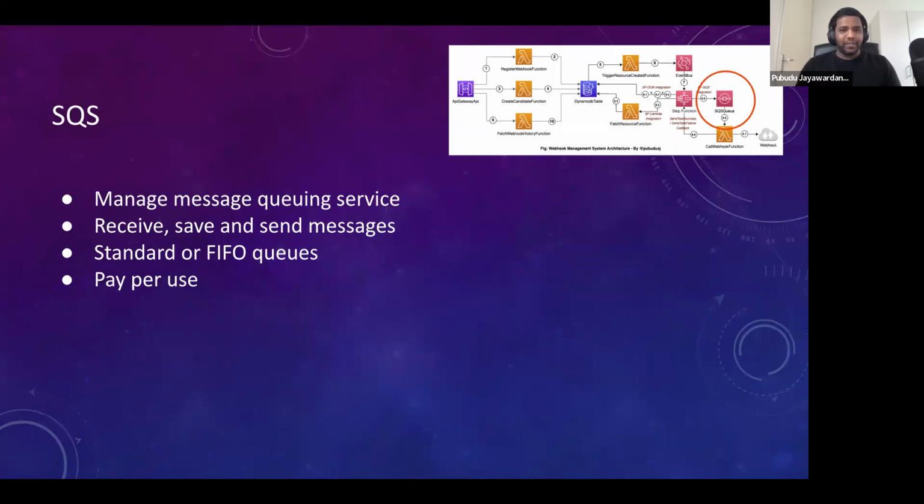The other service that I use is SQS, one of the oldest services in AWS. What it basically does is it receives, saves, and sends messages to different components of your application or to different systems. And it's a really scalable and reliable service. There are two main types of queues, standard and FIFO queues.